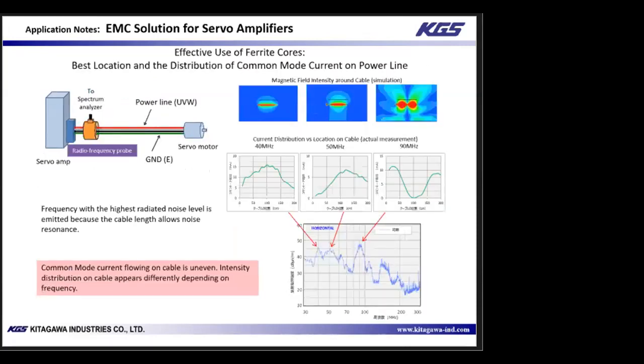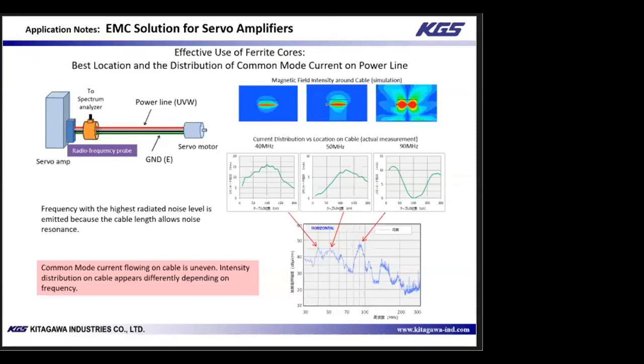Next, the best location of the ferrite on the cable will be discussed. Overall, the radiated noise levels from the motor power line are shown in the lower right graph. We'll focus on the three frequencies, 40 megahertz, 50 megahertz, and 90 megahertz, with the highest current distribution along the cable. The graph in the middle right is the current distribution along the 2-meter cable.